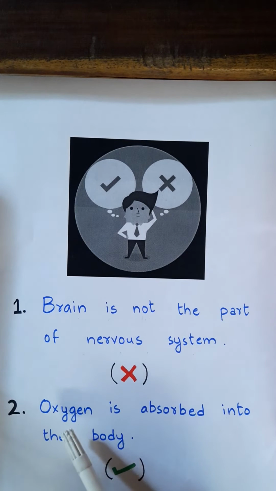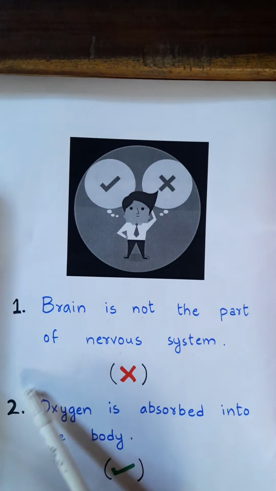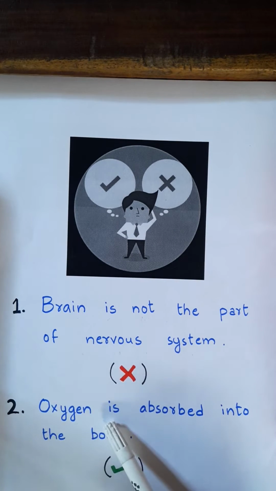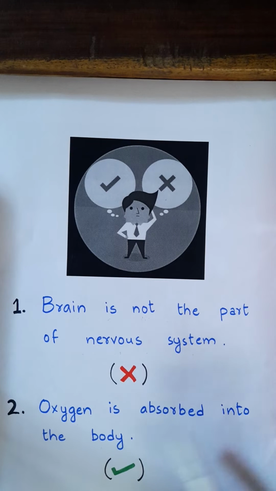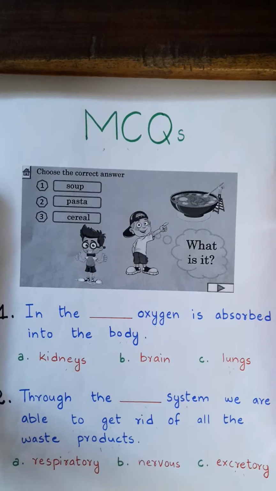Cross. Oxygen is absorbed into the body. 100% correct. It's a correct statement. If I had written carbon dioxide over here, that carbon dioxide is absorbed into the body, it would have become a wrong statement. You can make true false from the given passage as well.